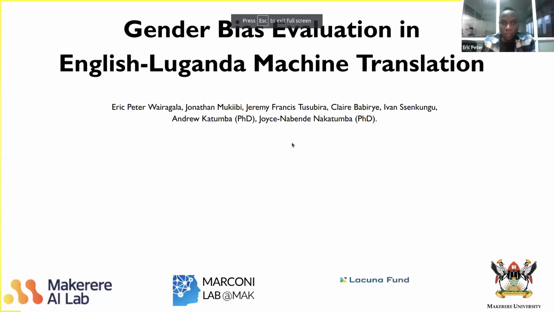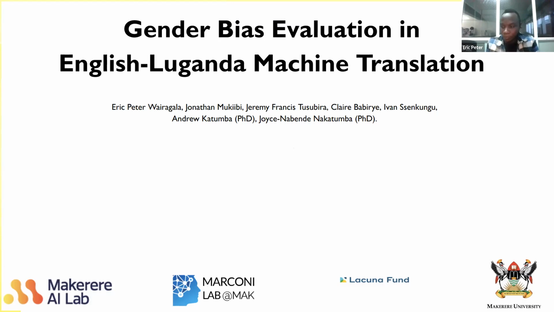The title of the paper is Gender Bias Evaluation, English to Luganda Machine Translation. I work with the Makerere AI Lab at Makerere University, Uganda, in collaboration with the Macon Lab, also at Makerere University. This work was partially funded by the Lacuna Fund.